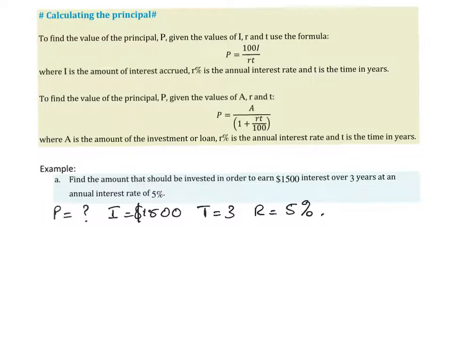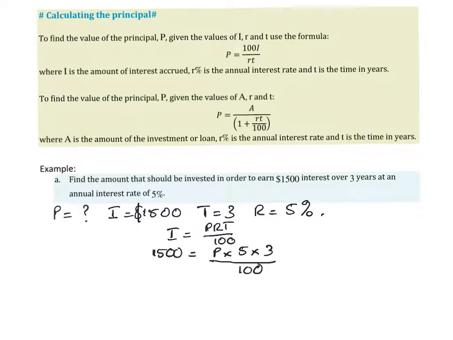So again, you can see that we've got 3 out of the 4 things we need for the simple interest formula. I equals PRT over 100. So I is 1,500, which equals P, I'm looking for, times 5, which is R, times 3, all over 100.